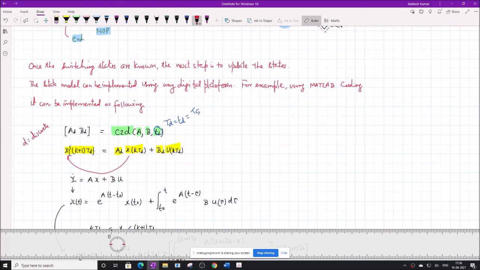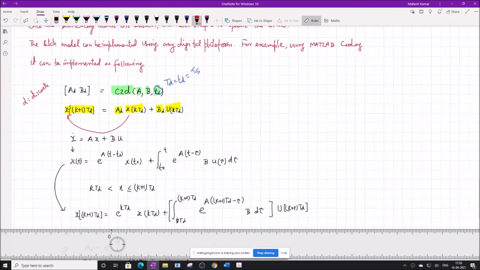For example, if we have a state space model of the form x dot equal to ax plus bu, then the solution of the state space model is given as x t equal to e to the power a into t minus t0 into x t0, plus the integral from t0 to t of e to the power a into t minus tau into b u tau d tau. This is a standard solution for any state space equation. You can refer to any control book if you have forgotten.